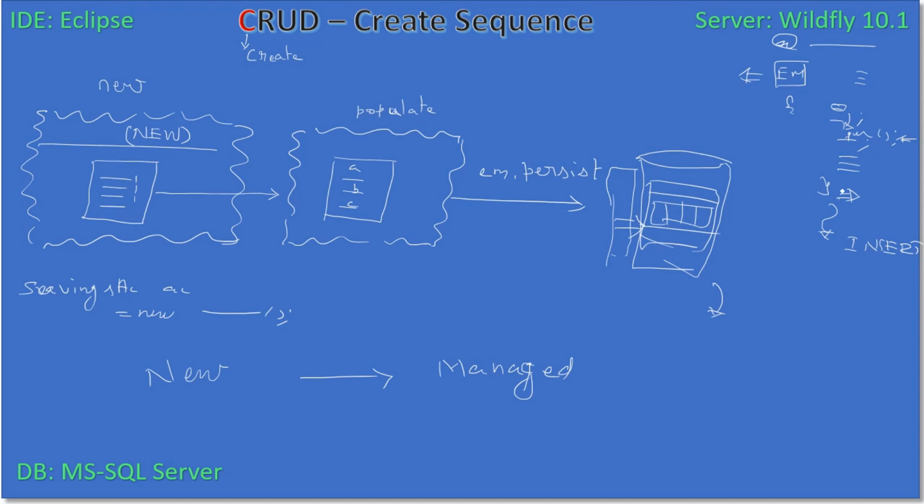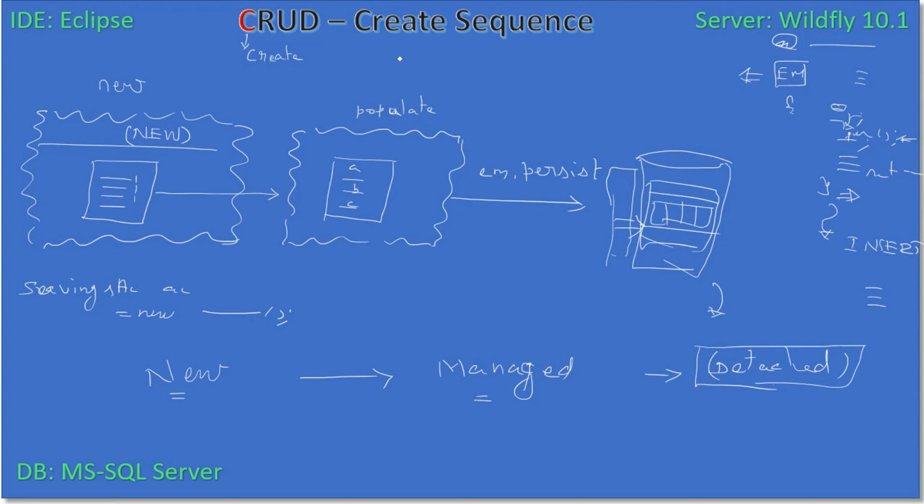When will it perform? During the method return, that means at the transaction end. So the state change is new to managed to detached. After this call ends, the entity will be in detached state. That means if you return the same entity object, here we are creating it with new, right? Even if you return it to the caller and the caller performs some update, nothing happens. Why? Because the entity has gone into a detached state.